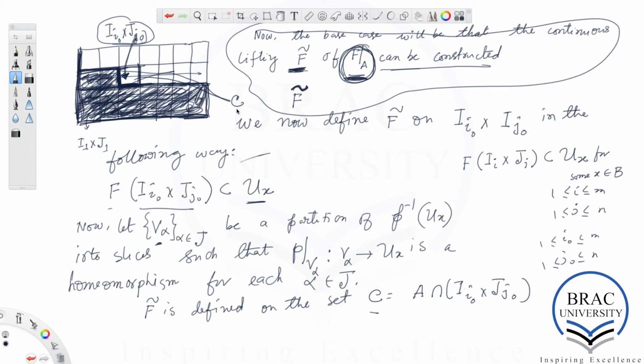So since f tilde is defined on all of A, therefore f tilde is of course defined on C, which is the union of the left and bottom edges of the rectangle I sub I0 cross J sub J0, right? It is evident that C is connected. These two edges of this rectangle form a connected space.